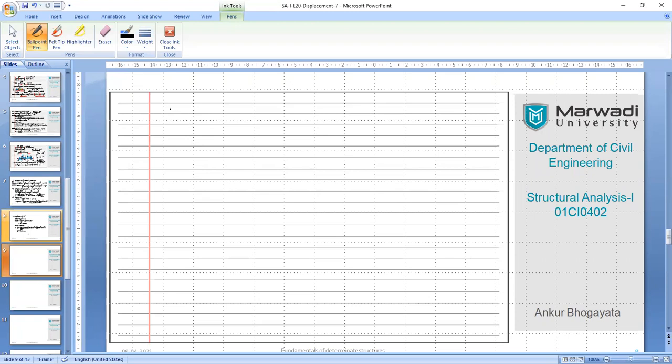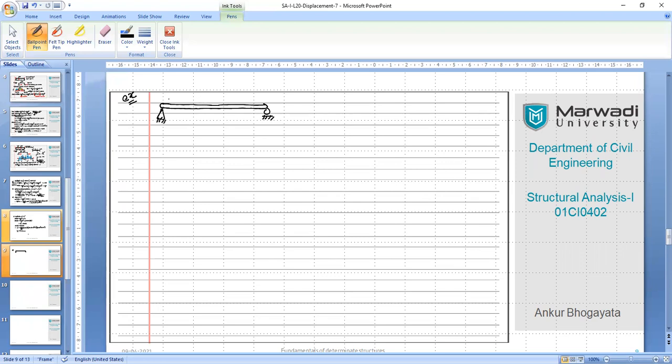Let's take another example here. This is a new example I'm introducing, because how we generate the equation is the most significant and important aspect in Macaulay's method, rather in any of the methods.